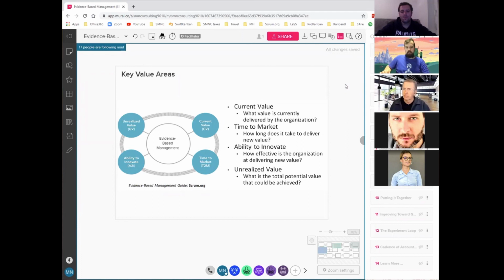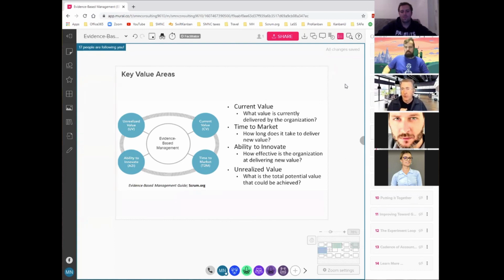That's interesting. But in addition to the current value that the organization is realizing, there's the unrealized value. This is the opportunity for us, right? It's value that we are not yet realizing, but is available out there. We're not realizing it, but somebody else could be, because in the marketplace where we're offering a product or a service, we have competitors, right?